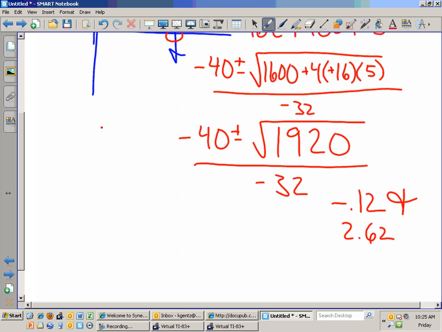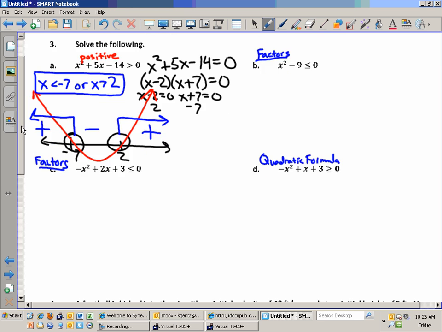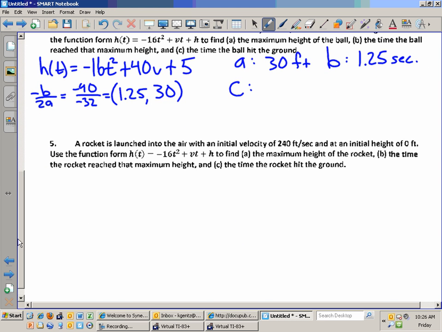So you tell me, did the ball hit the ground at negative 0.1 seconds or at 2.62 seconds? 2.62 seconds. We're going to have a positive number for when it hits the ground. So we just solved c.